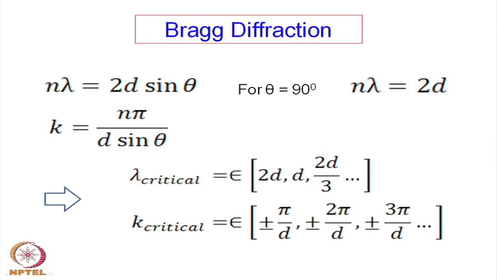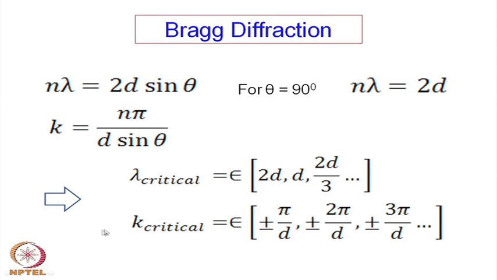And these are the relationships: lambda critical, the particular lambda value at which this will be satisfied, there is a set of values 2d, d and 2d by 3.